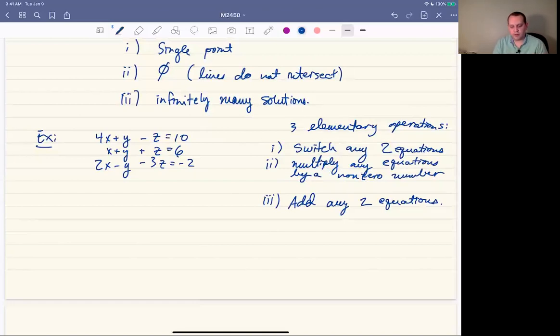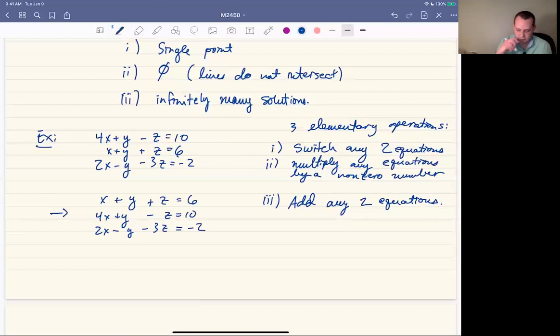What I want to do is take multiples of that middle row and add them to the top and bottom so that the other x's cancel. And the way that we're going to do this is let's first switch the rows so that that one's on top. x plus y plus z equals 6, and then we'll copy the others. 4x plus y minus z equals 10. 2x minus y minus 3z equals -2.